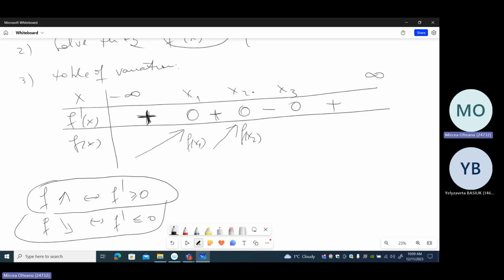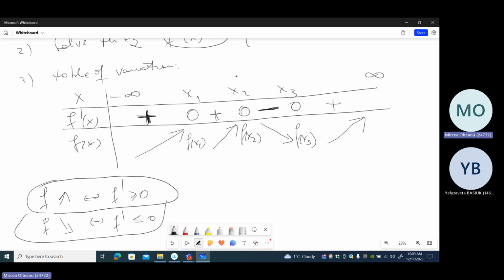And now on the following interval, the derivative is negative, so the function will be decreasing to some value f of x3. And then the derivative is positive again, so the function is increasing again. And on this table, we have all the information about the behavior of the function f: where it is increasing or decreasing, and the extreme values.